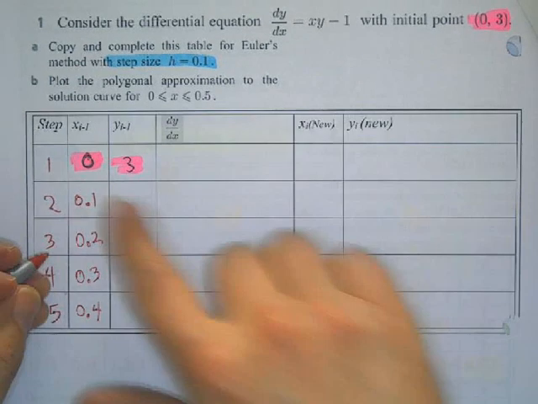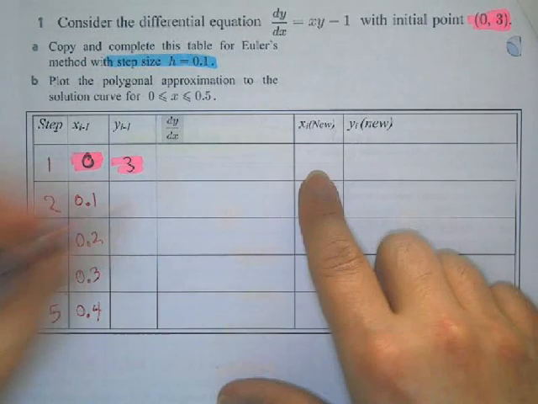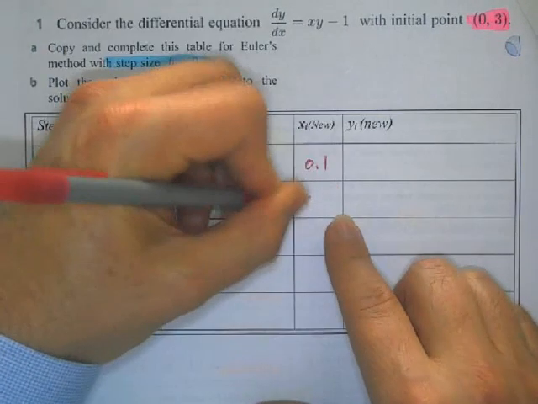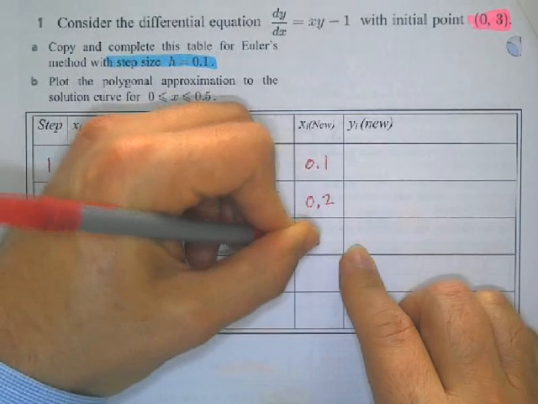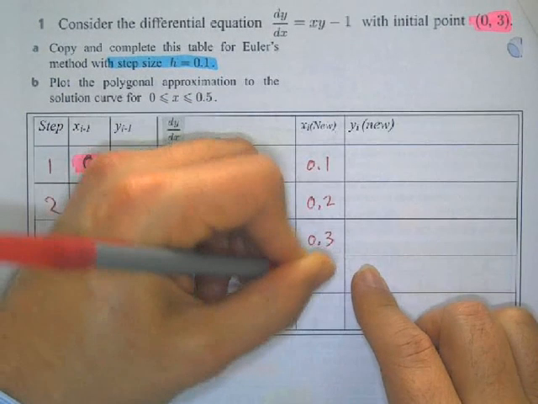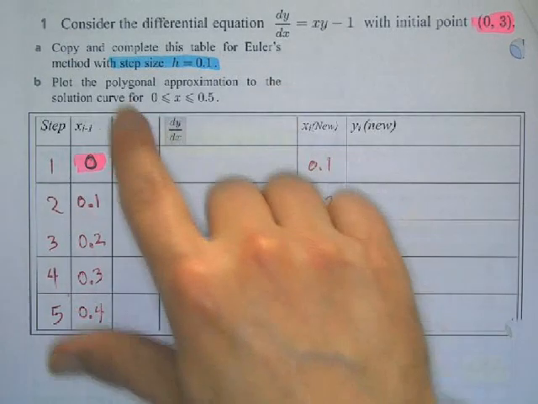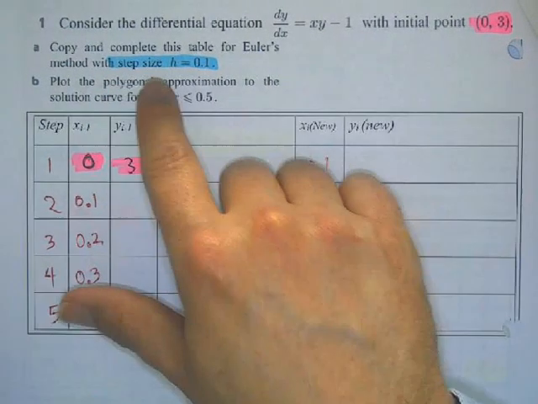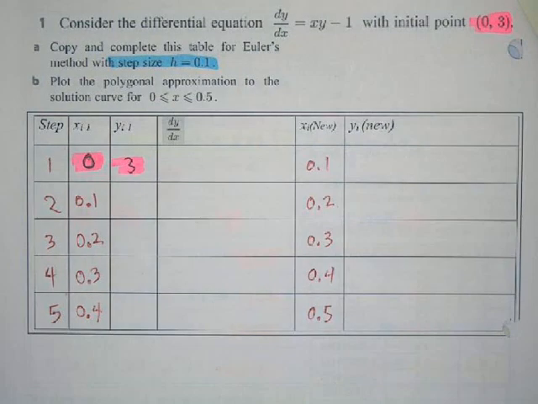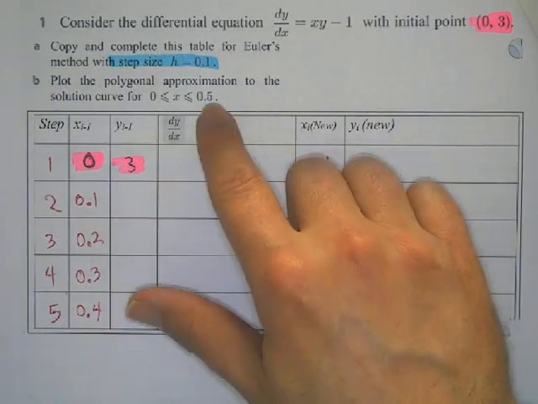So if I added a step each time, I would have 0.1, 0.2, 0.3, 0.4, 0.5. It doesn't say how far to go, but they want you to do 5 steps, so I guess they want you to go up to 0.5.